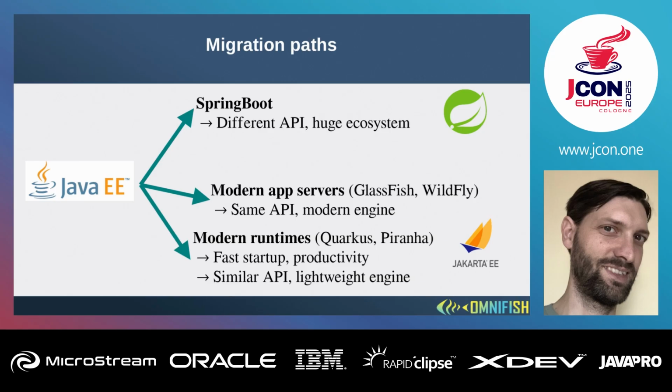So you don't have to rewrite everything. You don't have to learn new stuff, new APIs. You can reuse your own knowledge of Java EE, and if your team is used to this, you can save time learning Spring Boot and experimenting with it. Just go with what you already know.